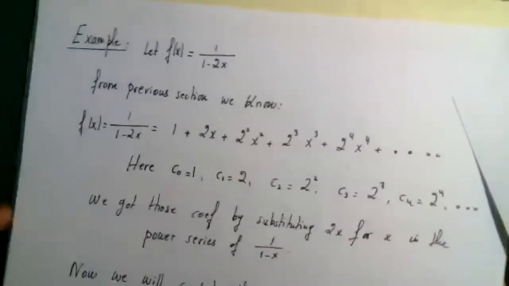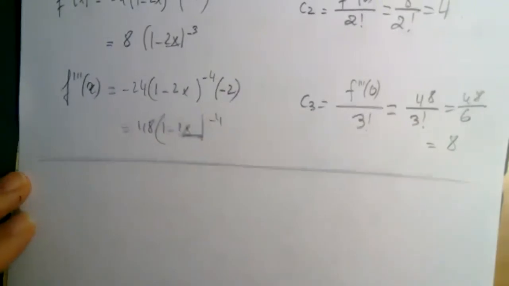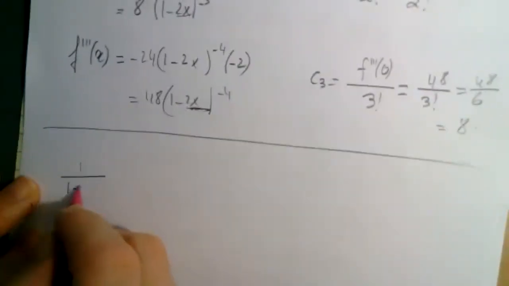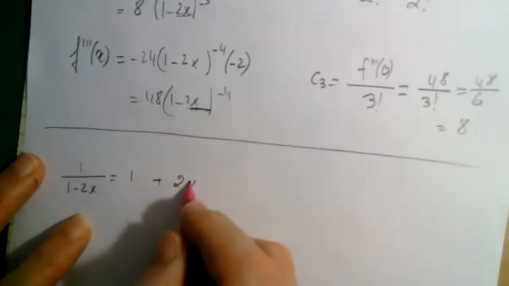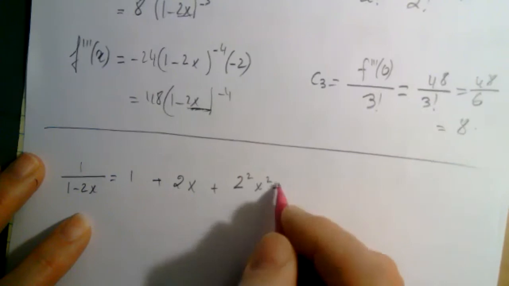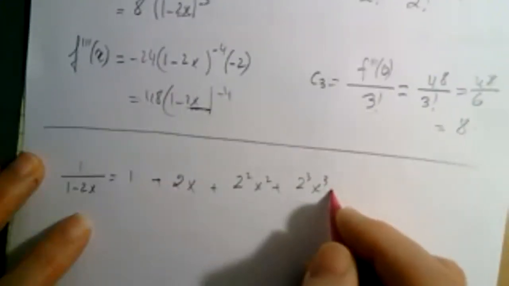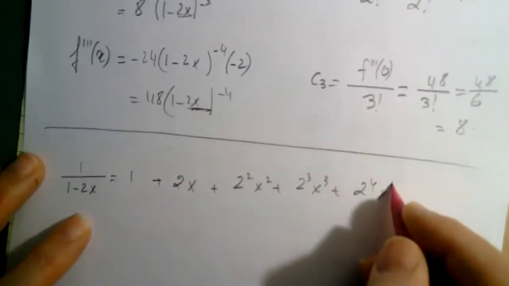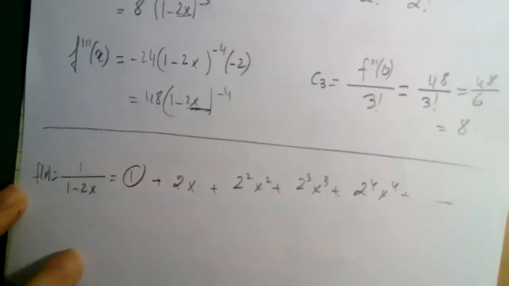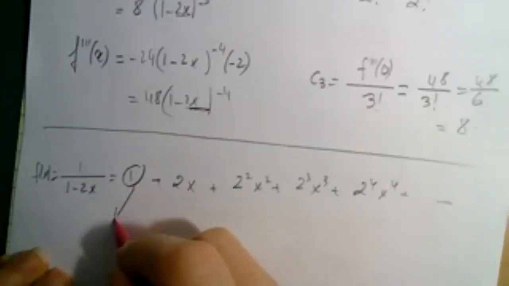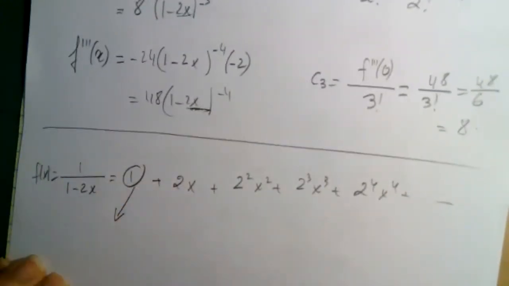It means that when I take my function 1 over 1 minus 2x, and I write it as 1 plus 2x plus 2 squared x squared plus 2 cubed x cubed and so on, then those coefficients, and this is my function f of x, are not arbitrary coefficients. They are related to the function by the following.